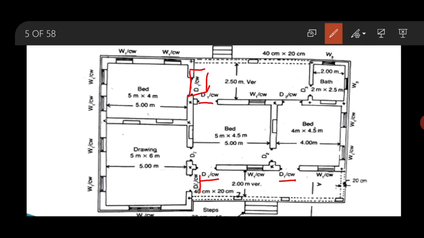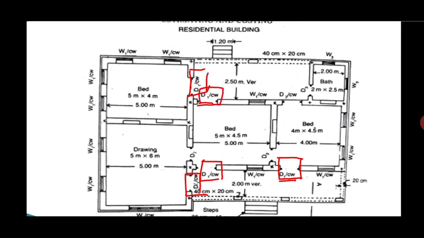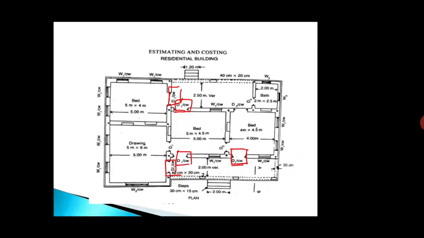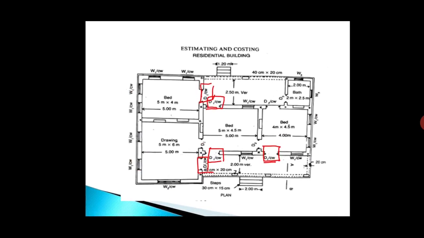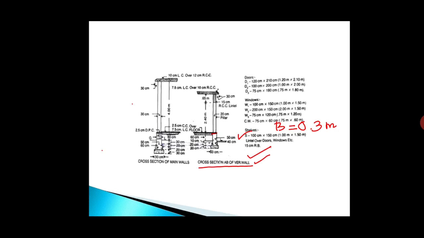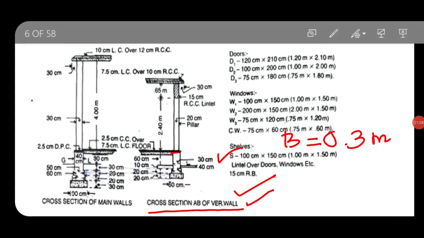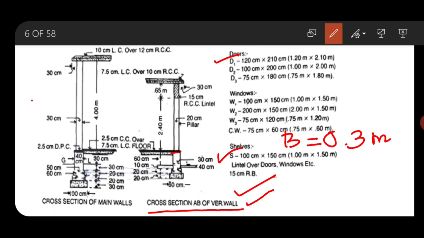One is here, second is here, this is the third one, this is the fourth one and this is the fifth one. Then what is the dimension of this D1? The dimensions of all types of door are given here. So D1 is of dimension 1.2 by 2.1. Clear?